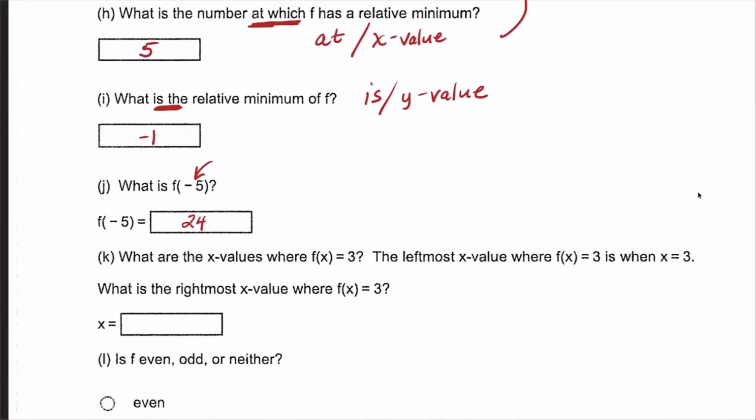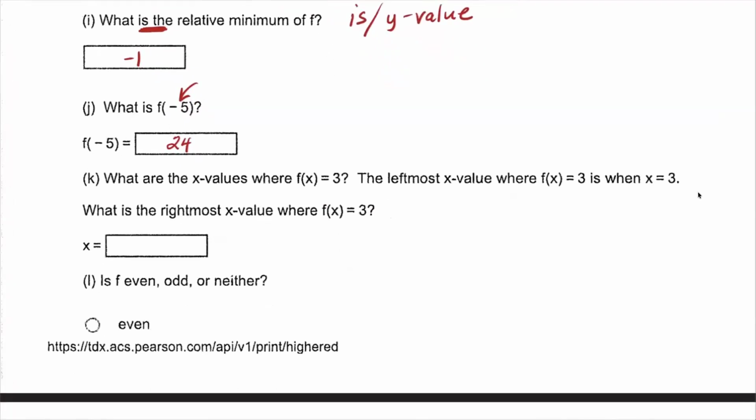All right. Then K says, what are the x values where f of x equals 3? And then they tell you the leftmost x value of where f of x is 3 happens when x equals 3. So this is a little different now. They're asking you to find the x values.